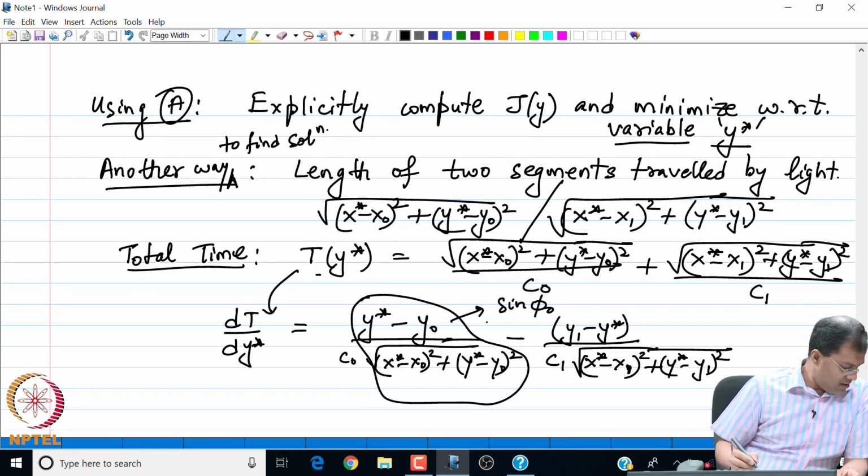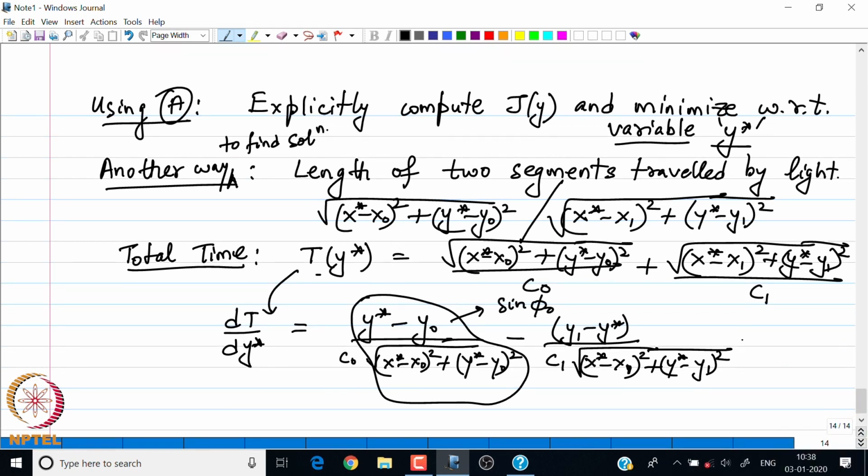To find the critical point, we set this expression equal to 0, which gives sine of phi naught divided by c naught minus sine of phi 1 divided by c 1 equals 0, or, rewriting, these two quantities are equal.